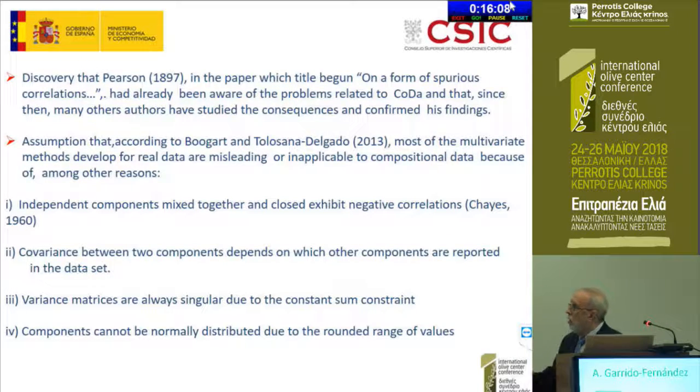But then we looked at the literature and found that Pearson, a long time ago, wrote a paper on a form of spurious correlations. Then the problem is not new. We are just carrying it from a long time ago.